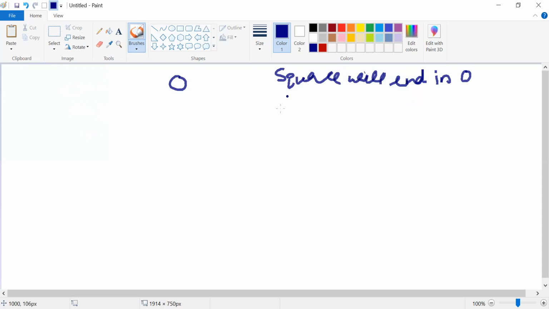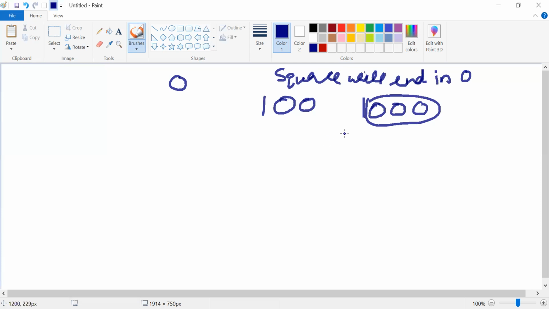That means it should have an even number of 0s. See, 100 has an even number of zeros. 100 is a square number. But 1000 is ending in 3 zeros, an odd number of 0s. So it is not a square number.